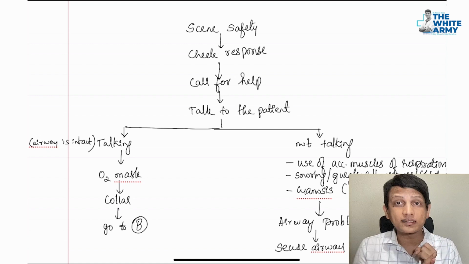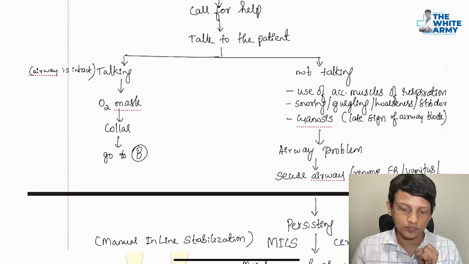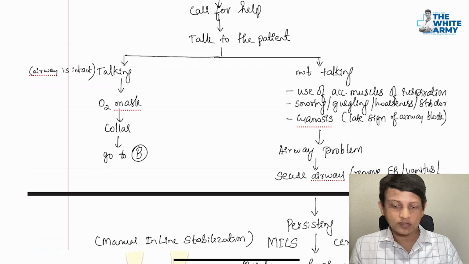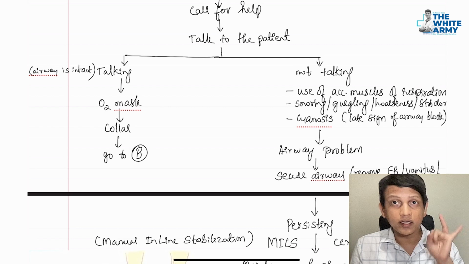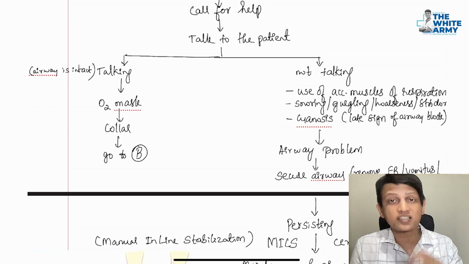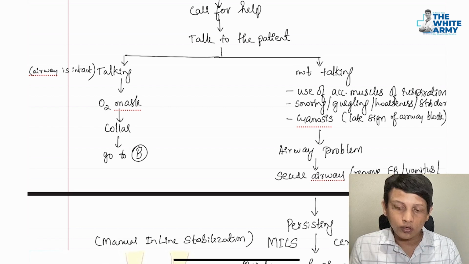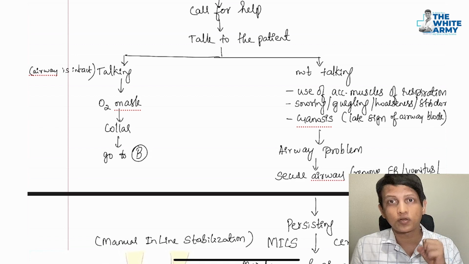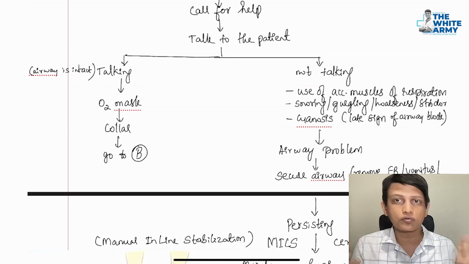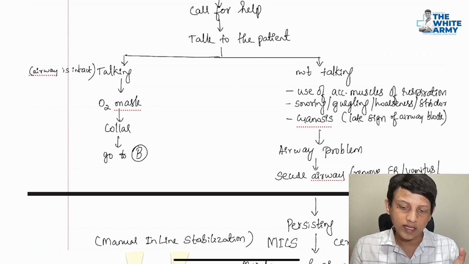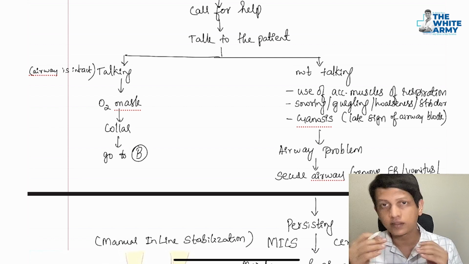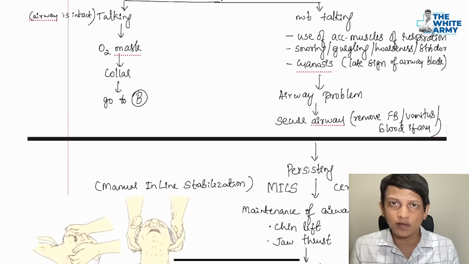Use of accessory muscles or intercostal muscles for breathing, snoring, any gurgling or hoarseness in the voice, or any stridor. Okay, all these are suggestive of airway compromise. There is cyanosis because oxygen is not entering in, so desaturated. Cyanosis is a late sign of airway blockage. If these signs are there, then you can confirm that there is an airway problem.